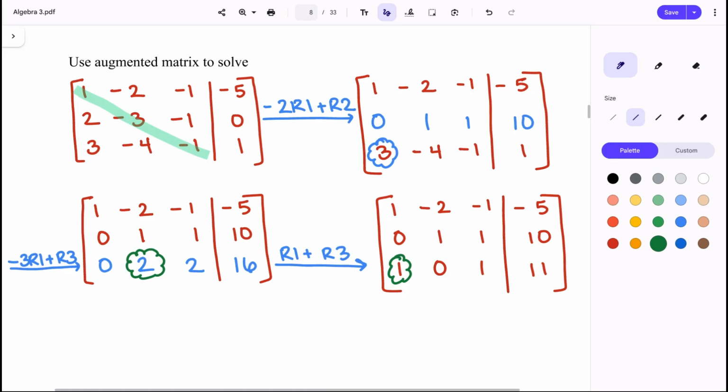The other thing we could do, to avoid this completely, is back up our step here.